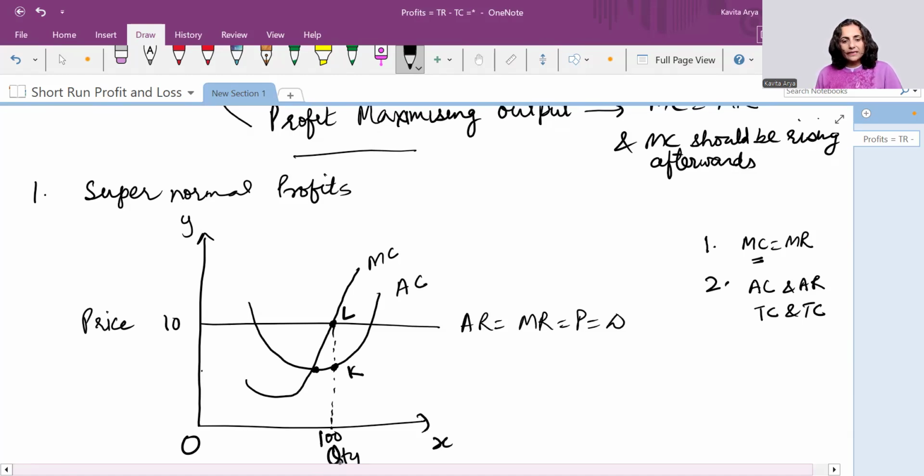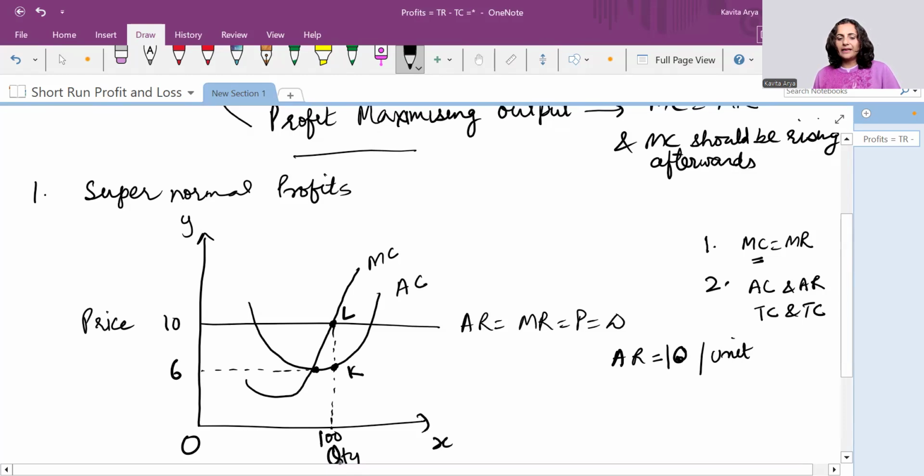And say this is 6. 6 is the value of, say, AC. So here we have AR at 10 per unit, and AC is equal to 6 per unit, right?